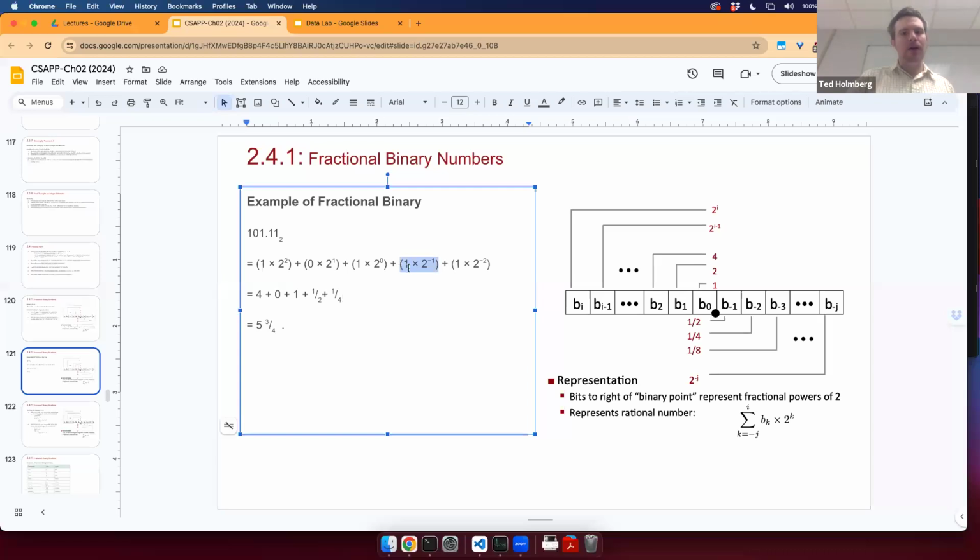Here I have a 1 value, so we multiply that by 2 to the power of -1. And then finally we do the same thing for the next position. If I show you the actual evaluation, after we apply the multiplicative property to these exponents, it would be 4 plus 0 plus 1 plus 1/2 plus 1/4. When we add that up, that is the binary representation of 5 3/4.